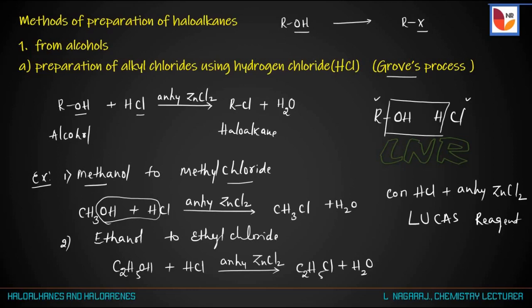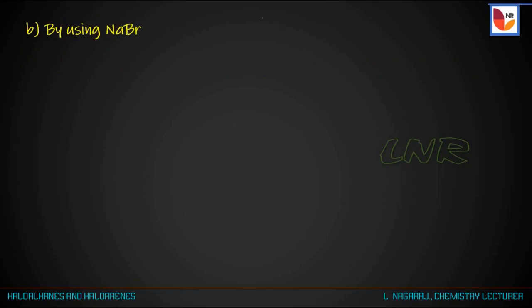And let us take one more example, that is preparation of haloalkanes from the alcohol by using sodium bromide. That is, when alcohol, that is ROH, reacts with the sodium bromide NaBr in the presence of sulfuric acid.